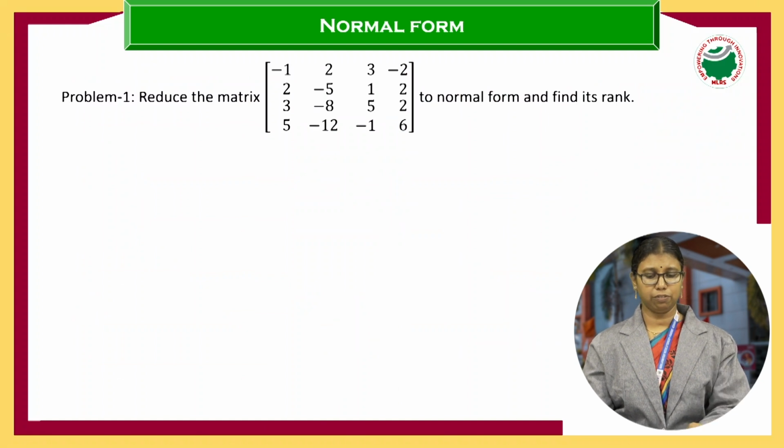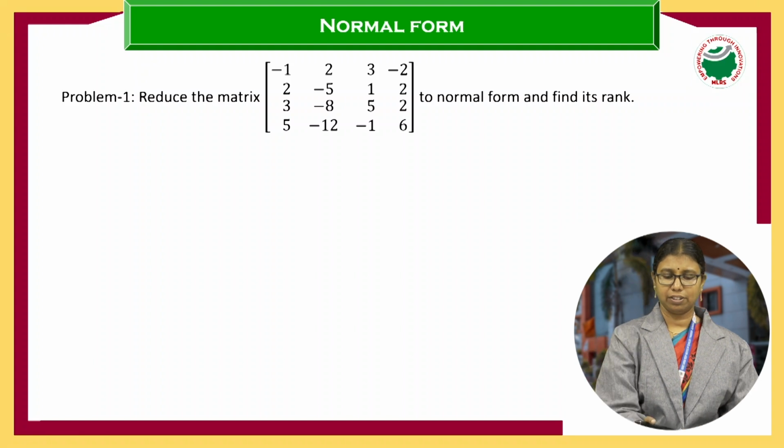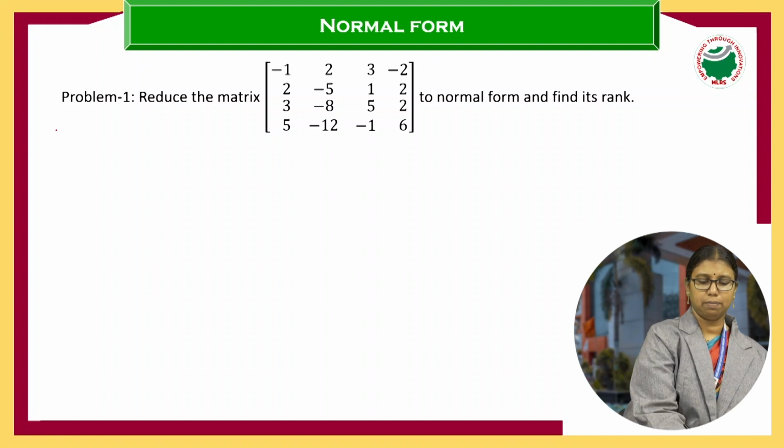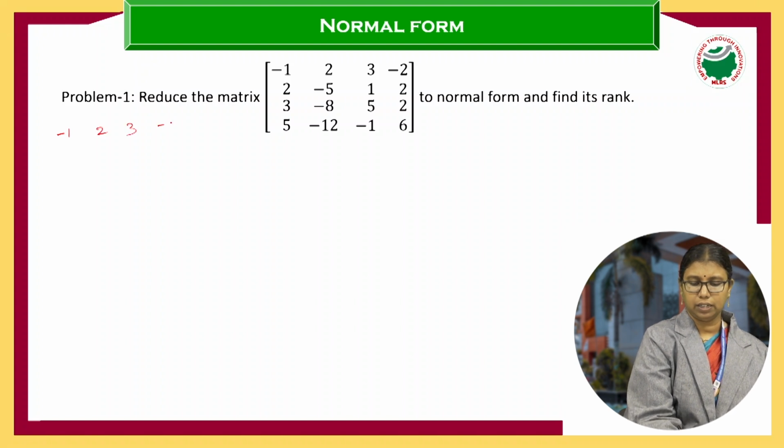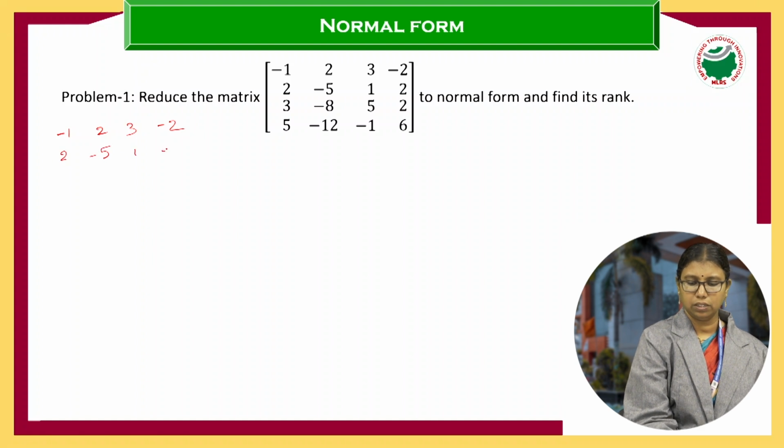We have to reduce the 4 by 4 matrix to normal form and find its rank. So I have taken one 4 by 4 matrix. Your given matrix is: -1, 2, 3, -2; 2, -5, 1, 2; 3, -8, 5, 2; 5, -12, -1, 6.